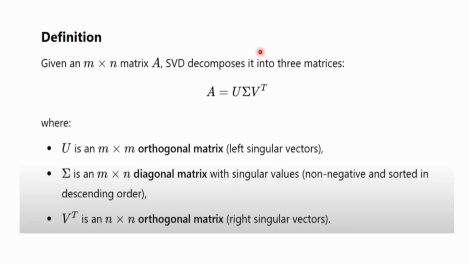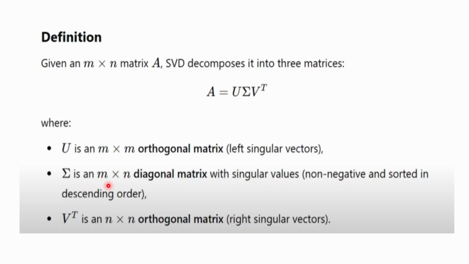So, the definition of SVD: let A be an M by N matrix. SVD decomposes it into three matrices U, sigma, V. So A equals U sigma V transpose. U is an M by M orthogonal matrix, the left singular vectors.